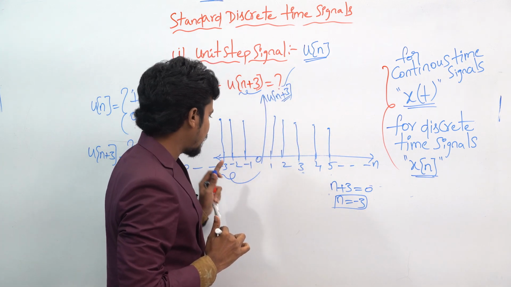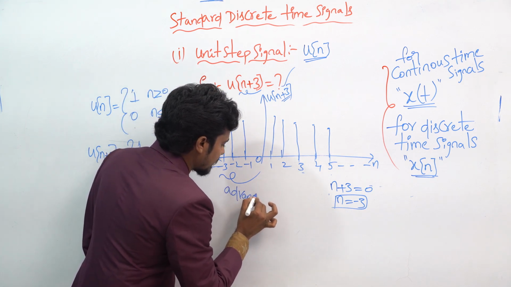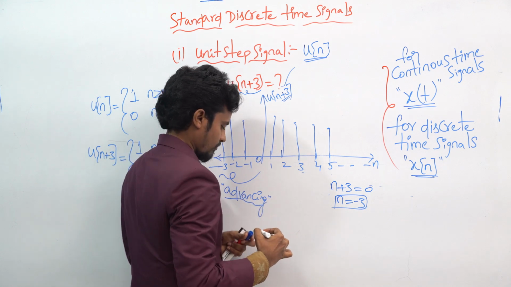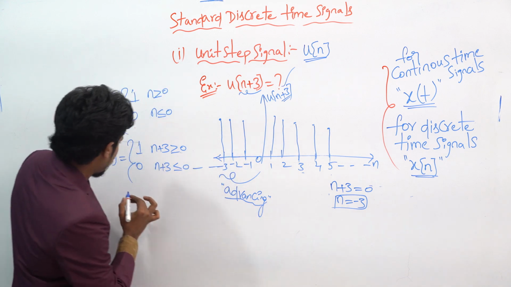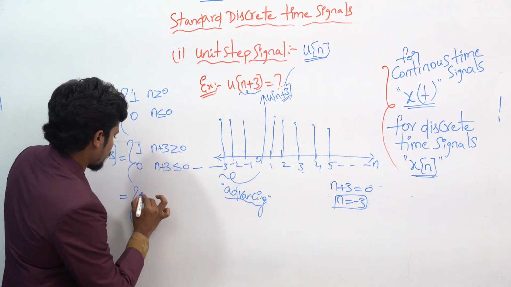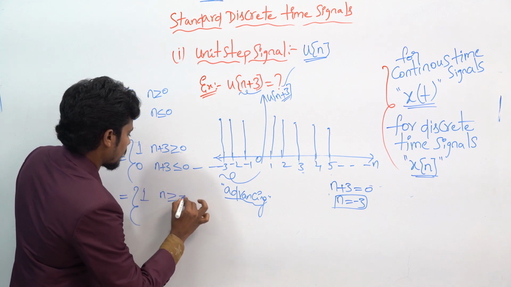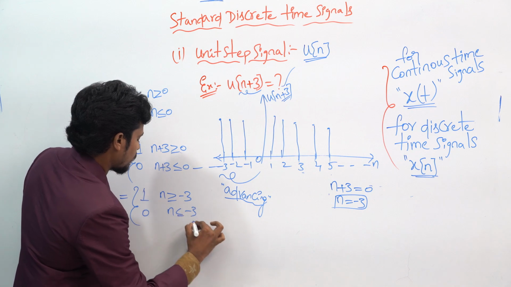That means this is advancing. So if you want to substitute, it is 1 for n greater than or equal to minus 3 and 0 for n less than or equal to minus 3.